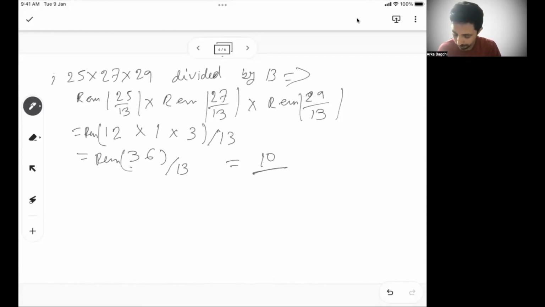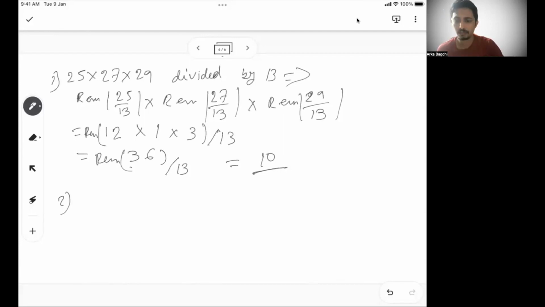So this is one type of problem. So when you individually found the remainder, and if the multiplication result is more than the divisor, then you do the same way, calculating the multiplied value with the same number, and get the remainder. That will be the final remainder, the actual remainder of the starting one.